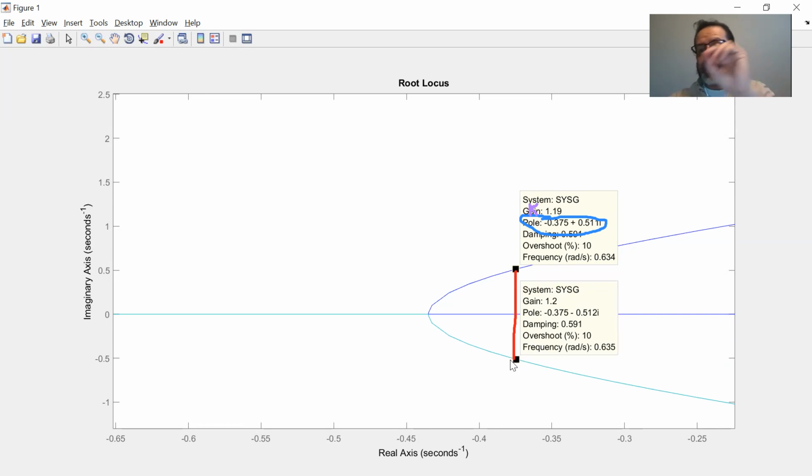That's a perfect way of describing it. I think it was Jose that popped up. It's a mirror. That's one of the characteristics of the root locus. It always has to be symmetrical with regards to the real axis, because the poles that have imaginary parts are going to have a mirror effect.